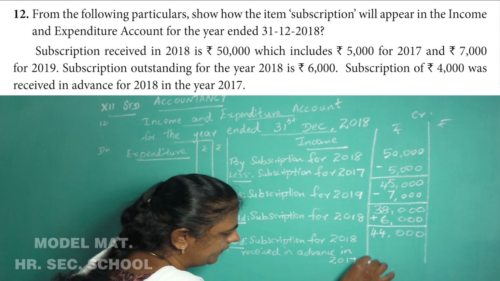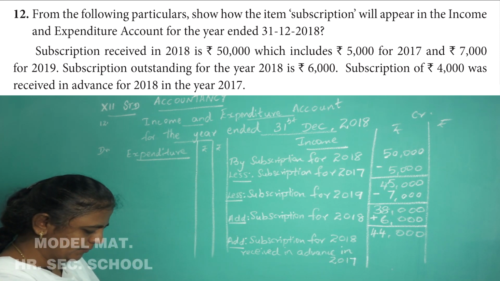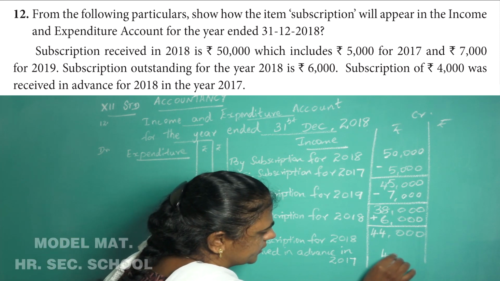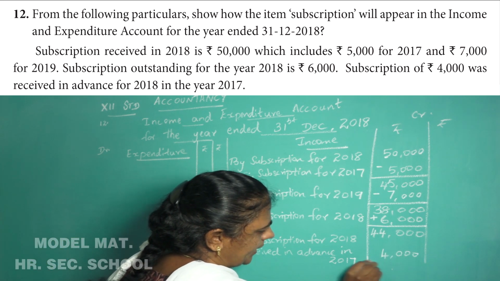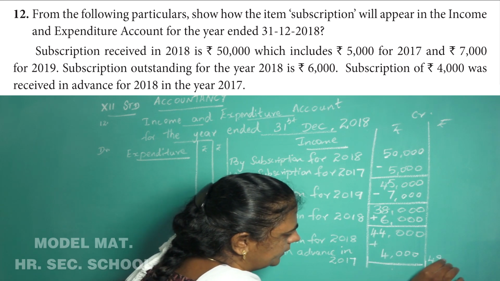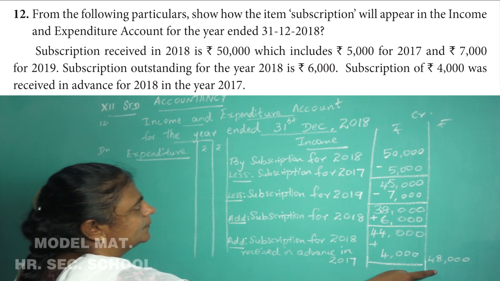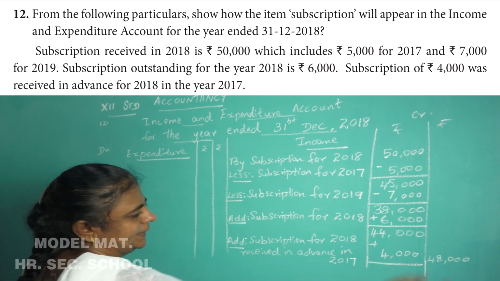Last year received in advance, but it belongs to this year. So again what you have to do? You have to add that 4,000. So add both and put it in the outer column. So this 48,000 is the income for the current year.